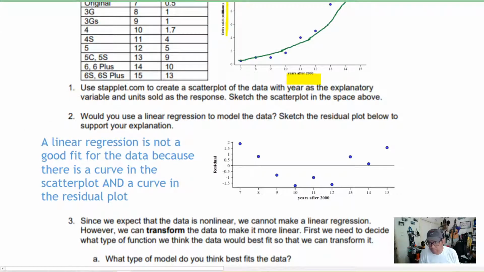In our residual plot, we're really looking for either a U pattern or a rainbow pattern. And here in this residual plot, we see there's a U pattern that signals to us that this model is not a good fit for the data. There is still a leftover curve in the data, is what some people like to say here.